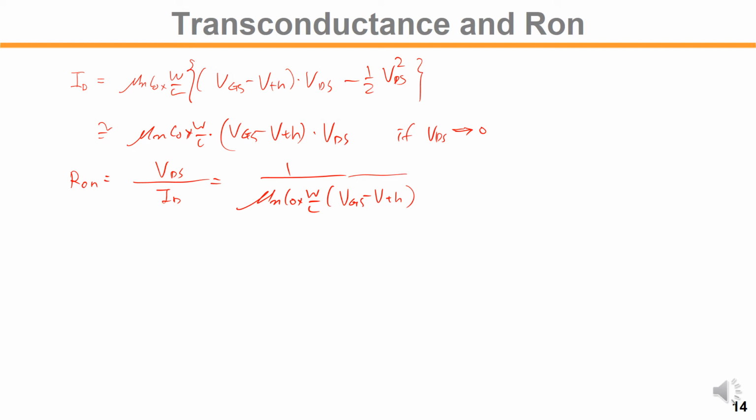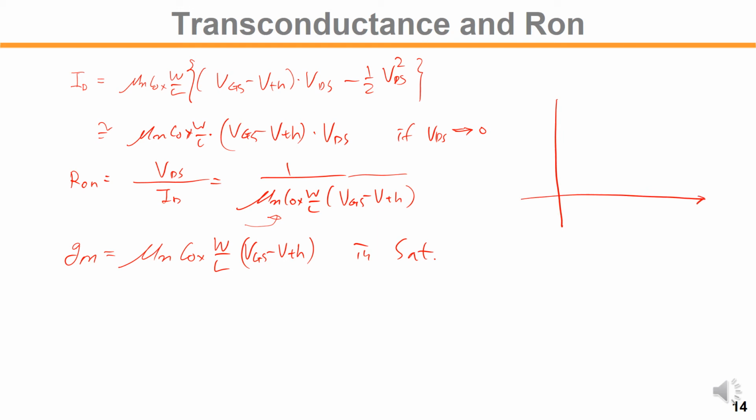If you look at this equation, isn't that similar to the GM? It's exactly the same as the GM, the transconductance in saturation region, VGS minus VTH in saturation. So we can see the relationship between GM and R-on.